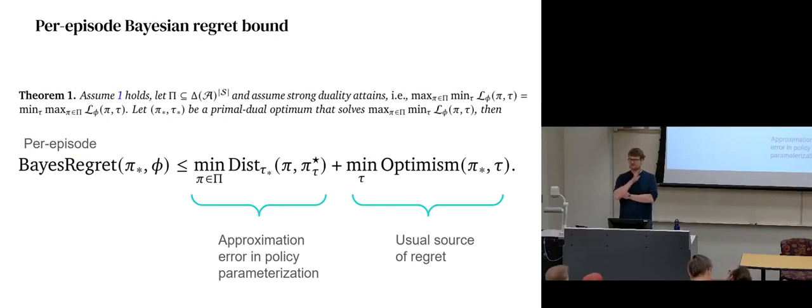So that's fixed by the best thing you can do right now under the posterior. Now you're in a different setting where you have function approximation, and you want to get as close as you can to that. So pi star, tau star are the best. In a function approximation setting, you solve your saddle point problem and get a different pi asterisk, tau asterisk, and then they plug in here in this way.